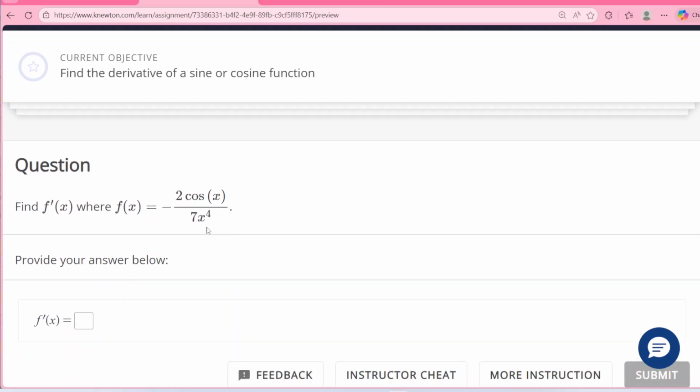So here, another derivative where once again I'm going to be using the quotient rule. This is another fraction. Now I'll just put the negative up top here. So the numerator is negative 2 times the cosine of x, and the denominator is a polynomial. So when I do the derivative of the denominator, I'm just going to be doing the power rule. Simple as that.